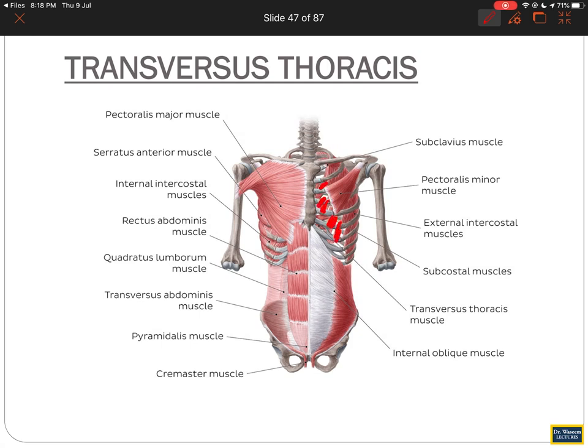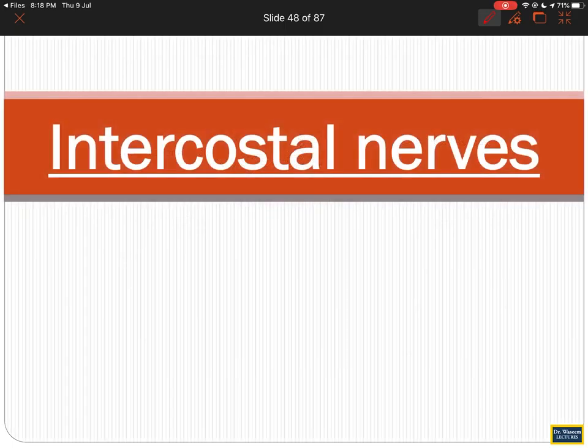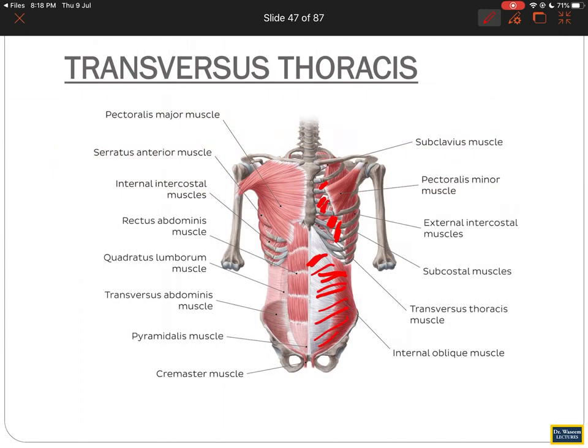And similarly we have the transversus abdominis in the abdomen also. These muscles also support the intercostal spaces. They are important, and questions are asked on them.